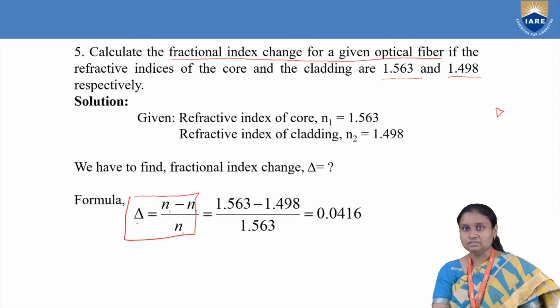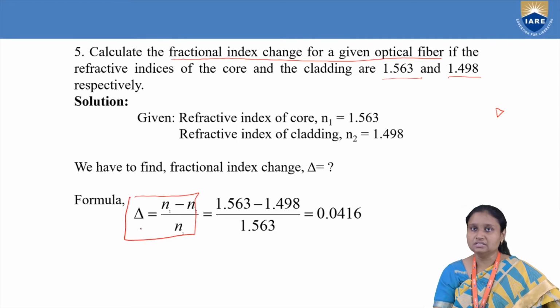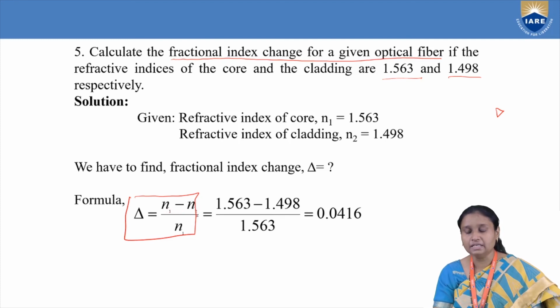So delta is also called the fractional change in refractive index or fractional index change. So it can be called in either way. And how is it given? It is the ratio. In the numerator, we have the difference between the refractive index of core and cladding, divided by the refractive index of core.